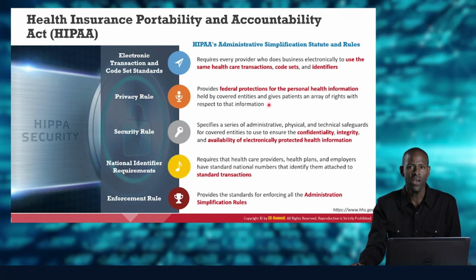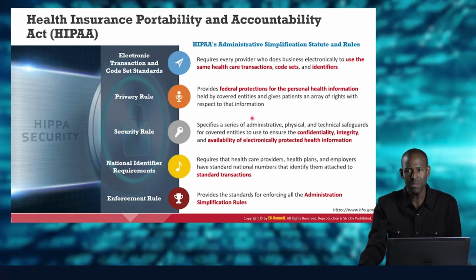If somebody's undergoing tests for cancer or some other disease, and it's in the medical record, even if it turns out negative, it might negatively affect that person's future if that data leaks out. So it gives patients an array of rights to not disclose health information.